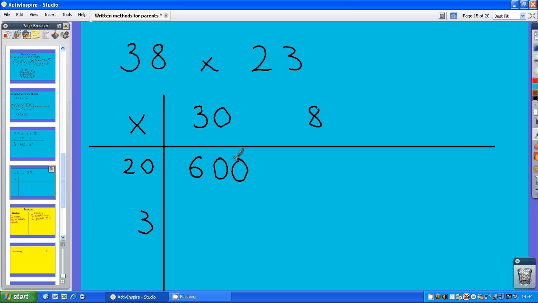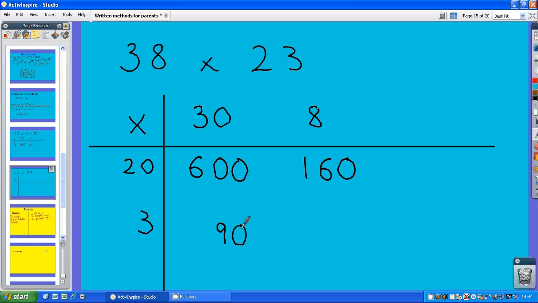Well, I know that 2 times 8 is 16, but 20 is 10 times bigger, so my answer is 160. We then have 3 times 30. 3 times 3 is 9, but 30 is 10 times bigger. So that would give me the answer 90.